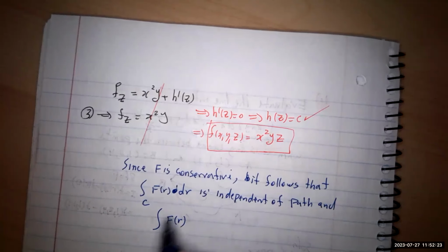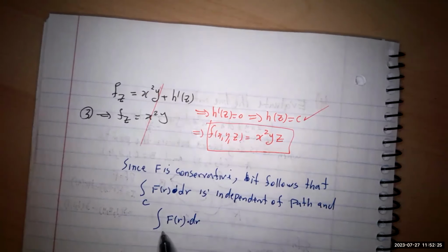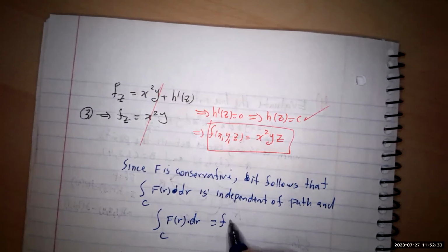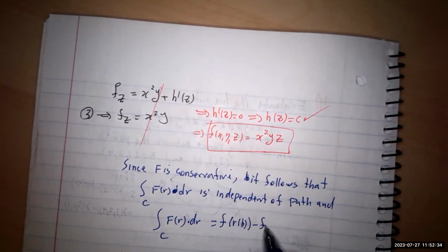So in that case, the integral of F dot dr over C is going to be just f of r of b minus f of r of a.